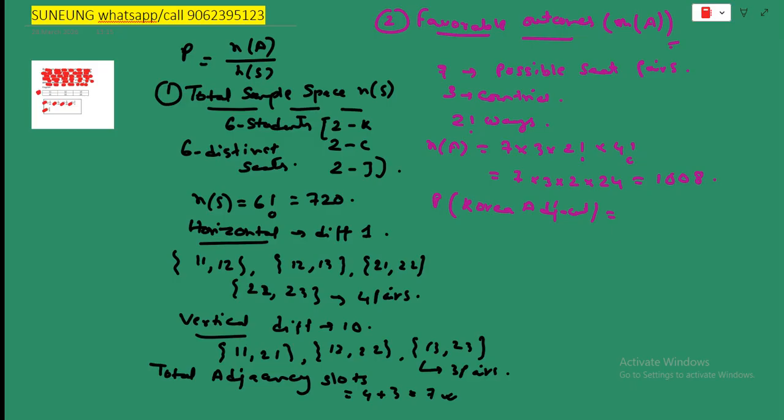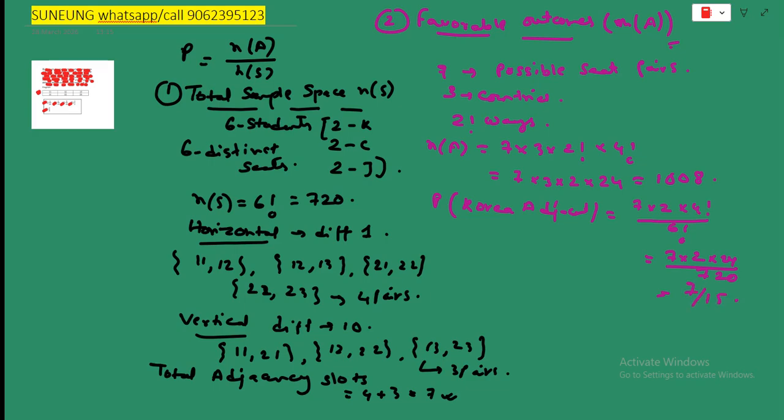Ways of Korea adjacent by total ways, that is 7 into 2 into 4 factorial by 6 factorial. So this will be 7 into 2 into 24 by 720. So this will be equal to 7 by 15.